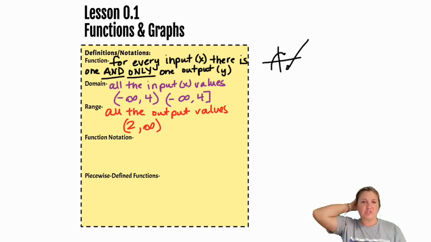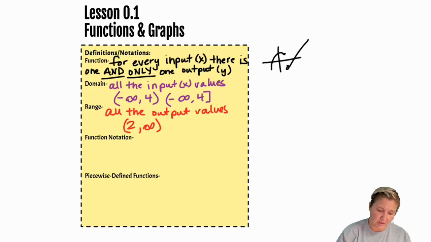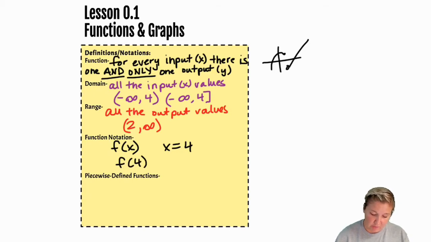And then remember function notation: f of x. If we want to find the function value when x is equal to 4, we would say f of 4, and we would replace all the x values with 4.